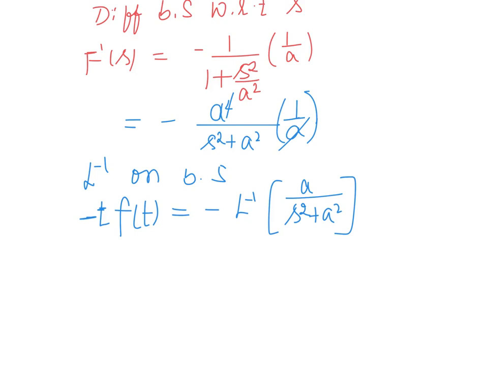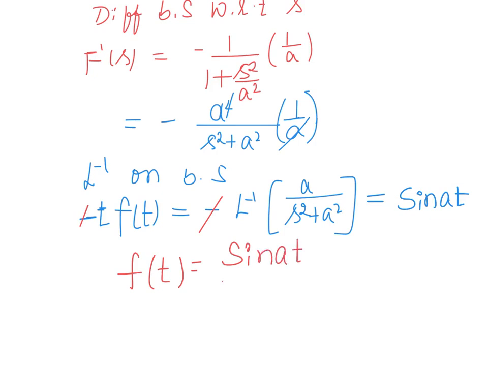So now the minus on both sides gets cancelled. Finally our result: this can be written as sin at, because a is present in the numerator. So finally our required result is f of t is sin at divided by t.